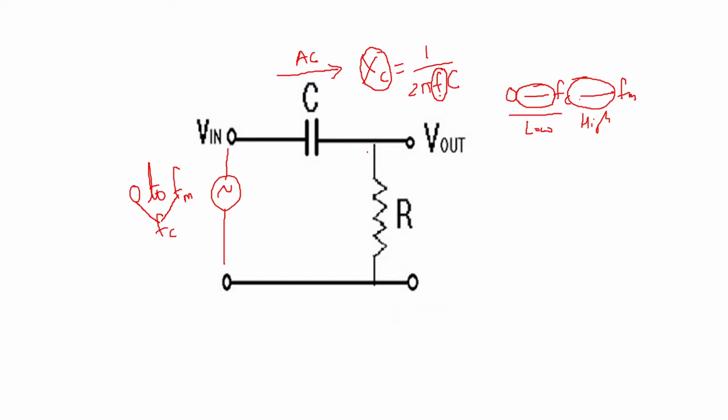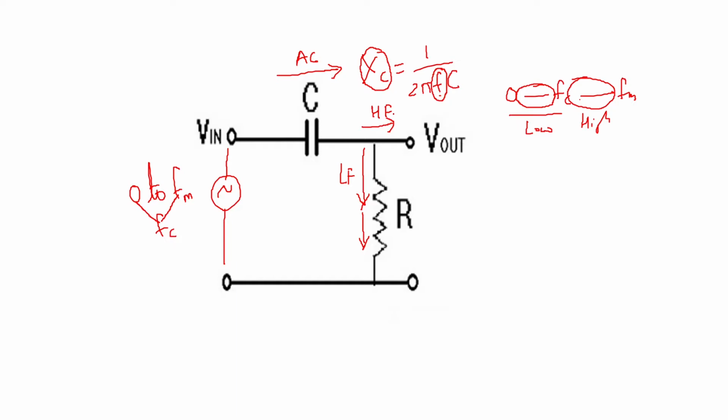Similarly, the resistance in parallel will see that the lower frequencies go to the ground. That means whatever passes here is high frequencies only. Now this is a passive high pass filter.